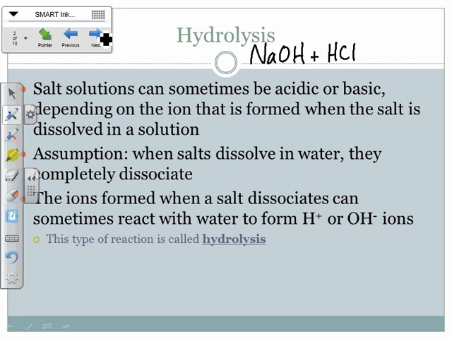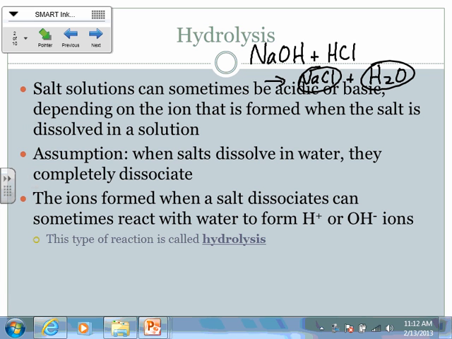When that reacts, it forms NaCl, a salt, and H2O. So this is kind of the opposite of that, in the sense that we're starting with the salt and with water, and then we end up with an acid or a base. That's the idea with hydrolysis.